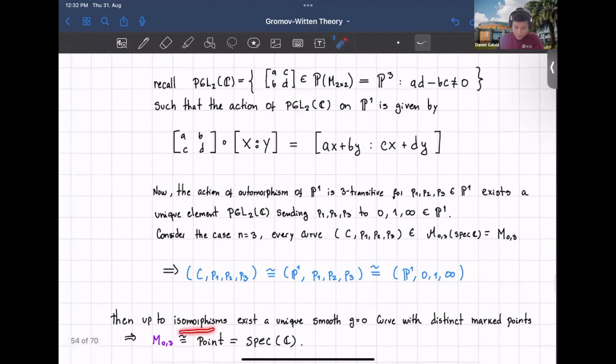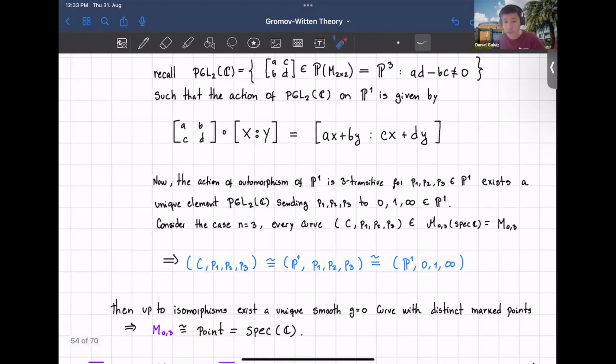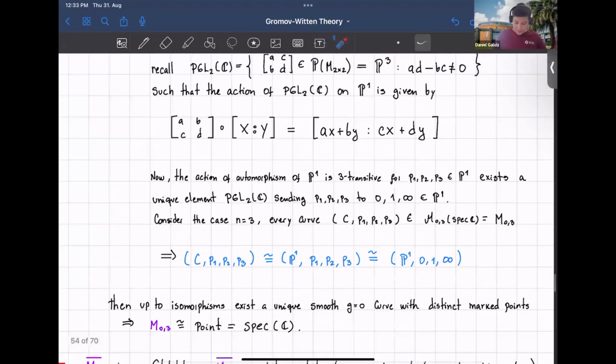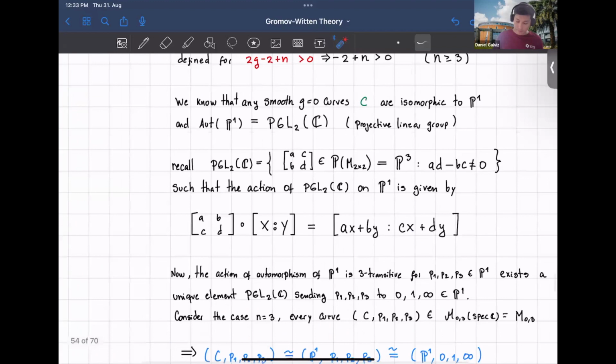Then up to isomorphism, there exists a unique smooth genus 0 curve with 3 distinct marked points. And this is just a point, because all these different varieties are isomorphic to P1 with 0, 1, and infinity. The moduli space is just a point, the same as the spec of the complex numbers. So this moduli space is just a point.